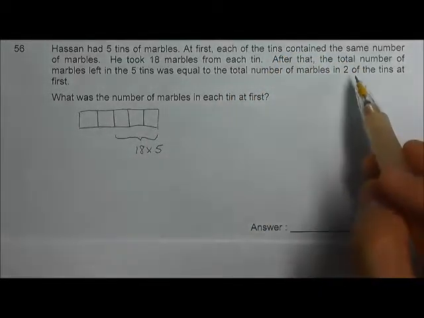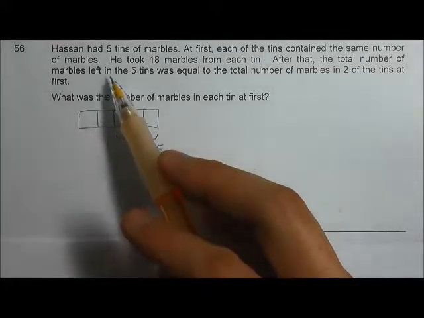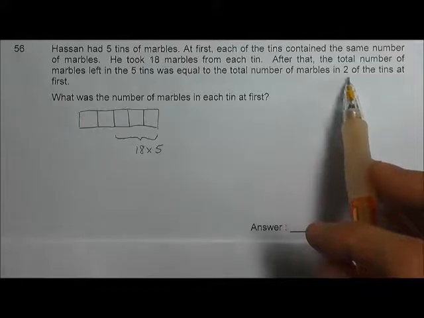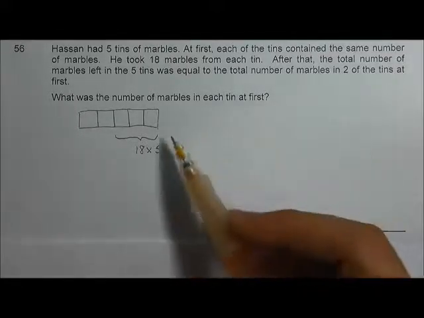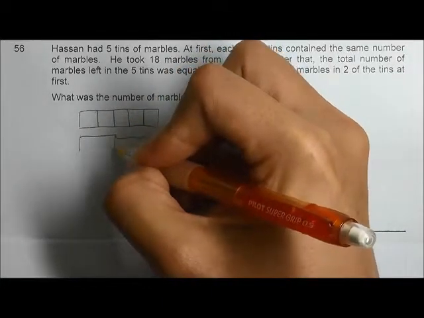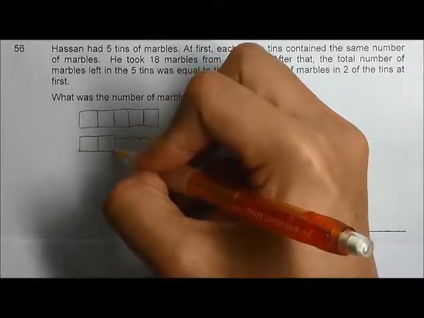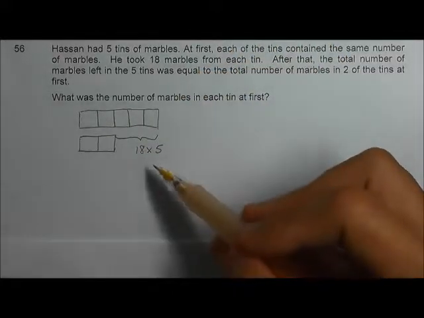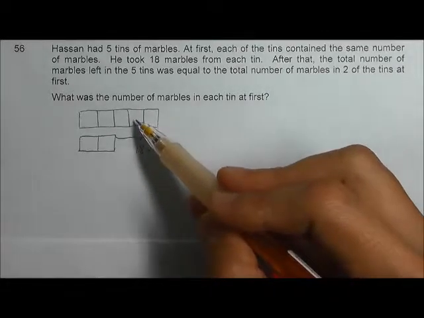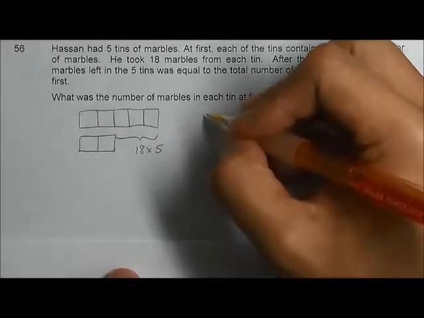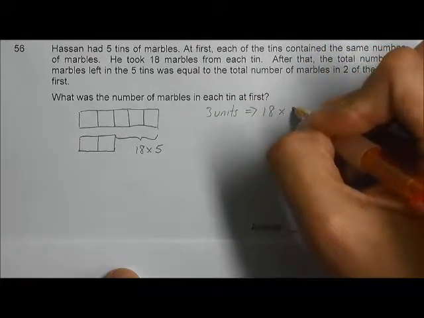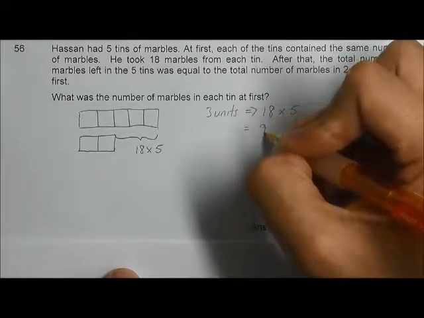And he found that the total number of marbles left in the 5 tins was equal to the total number of marbles in 2 of the tins at first. So he's left with 2 tins, that means it's 2 units. So with this, we can see that 18 times 5 is actually equivalent to 3 units. So 3 units is equal to 18 times 5, which is 90.